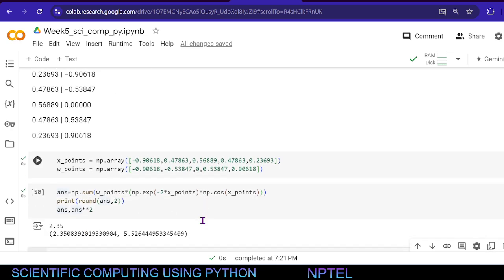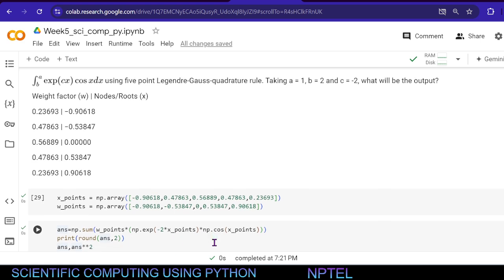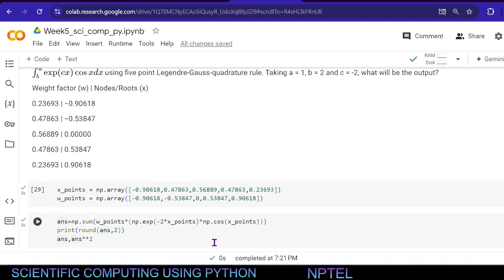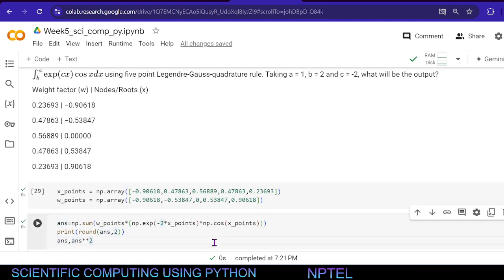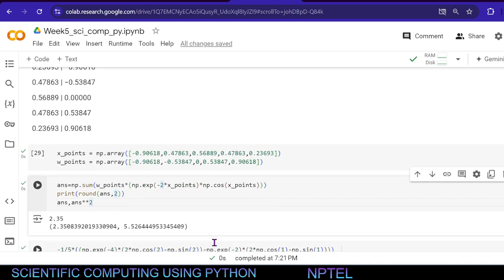So w points, exponential of minus 2x times np.cos. Okay, I'll have to check this again.